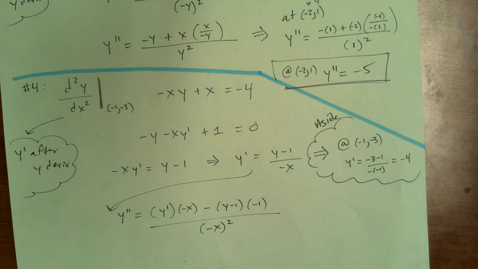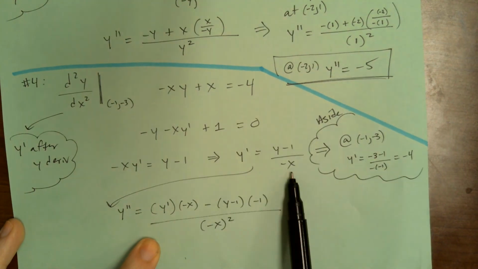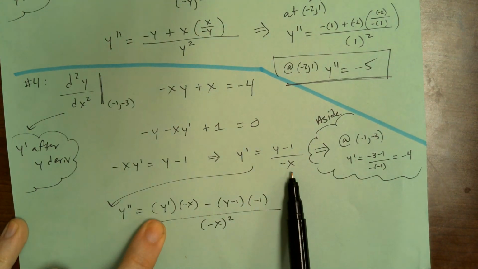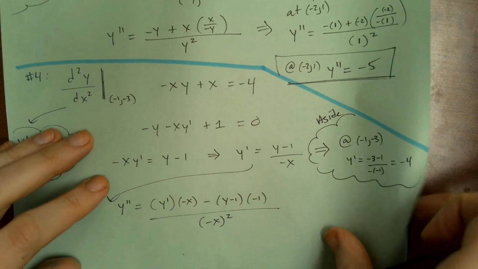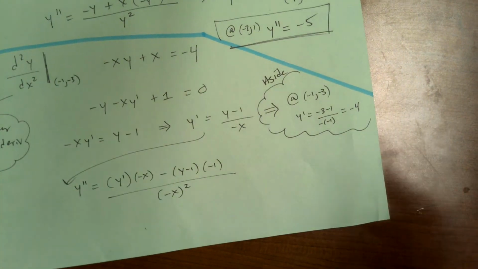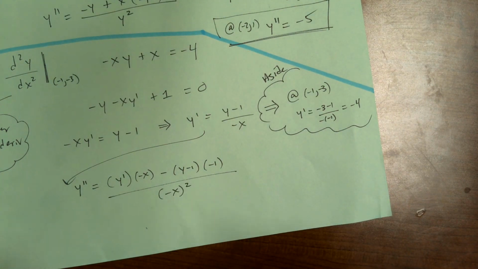Now I don't have to plug this in for the y prime. I could just plug the negative 4 in for it instead. That's actually kind of nice. That's really nice. I like that. That's how I would do it on my own anyway. I just didn't know how it would be teaching wise.